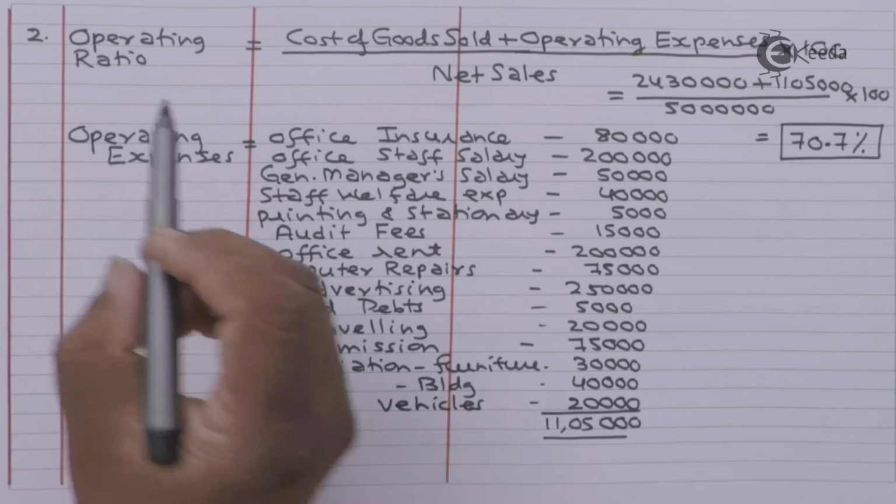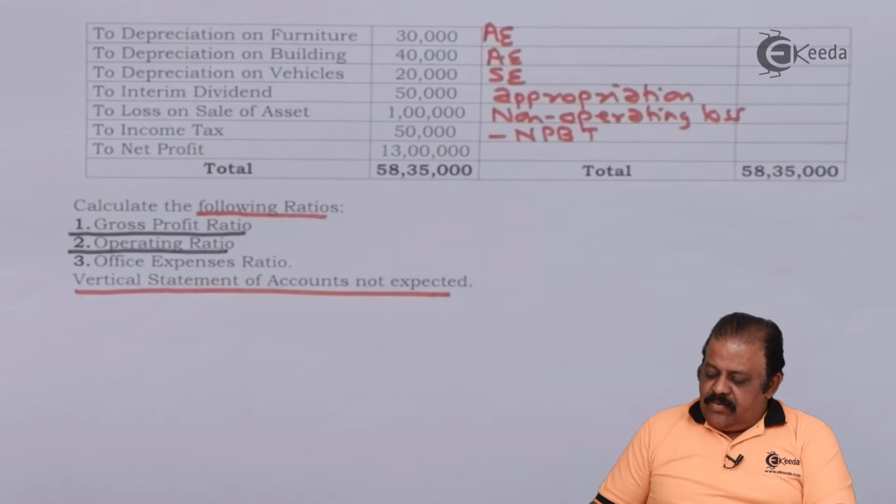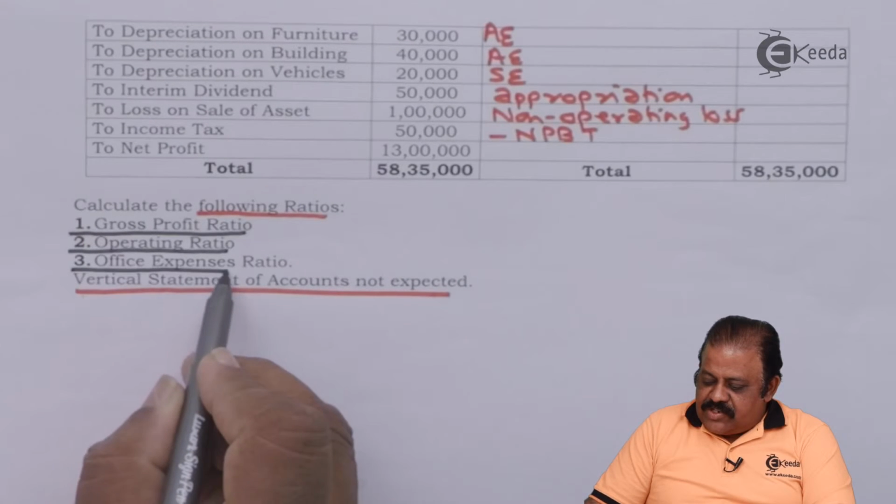We got operating ratio 70.7%. Next we have office expense ratio.